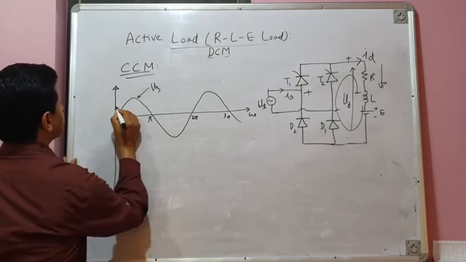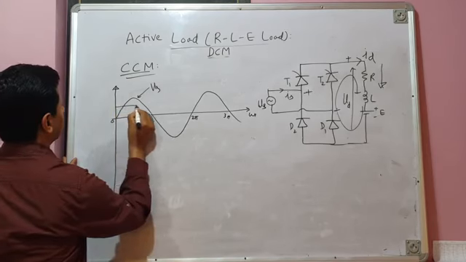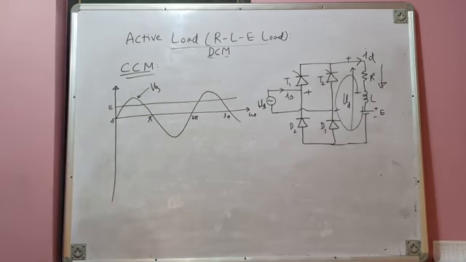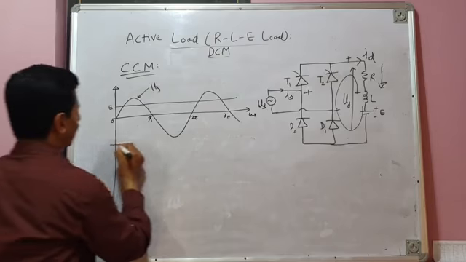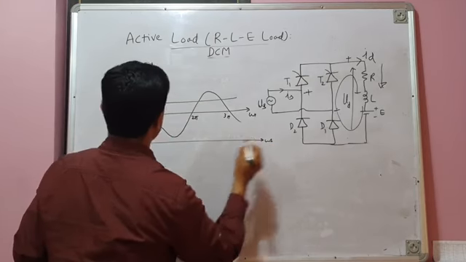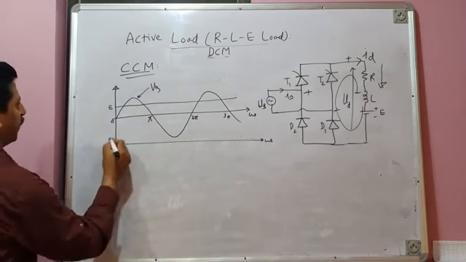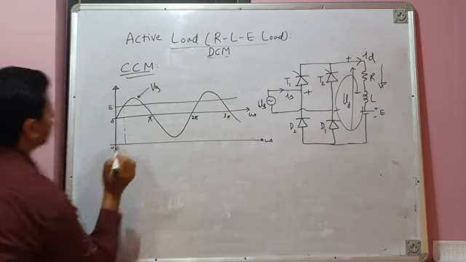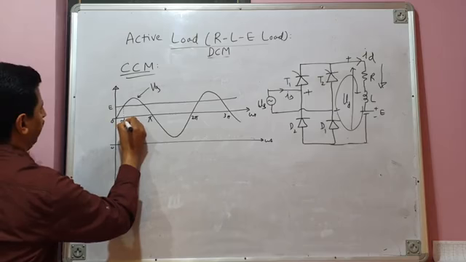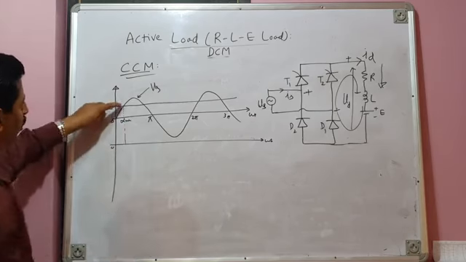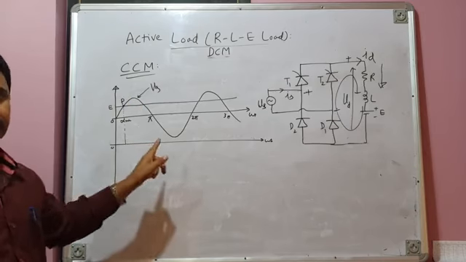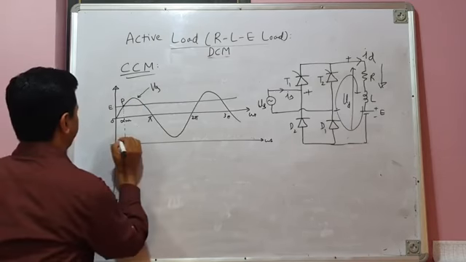And this is E, the load EMF or load voltage. Then I will show you firing instants. Let us fire the converter here at alpha min. This is alpha min, and you already know this alpha min at this point P is equal to sine inverse E by Vm.